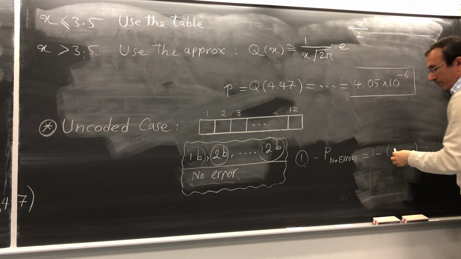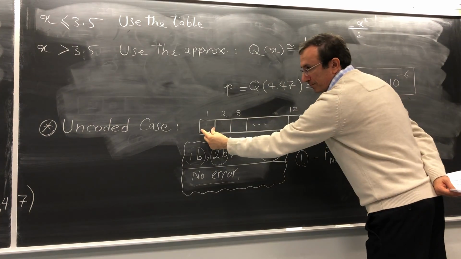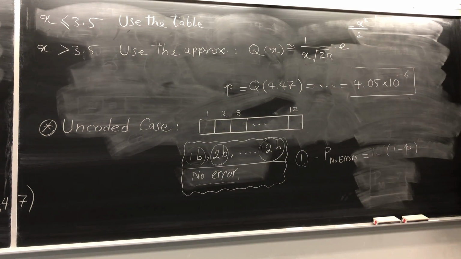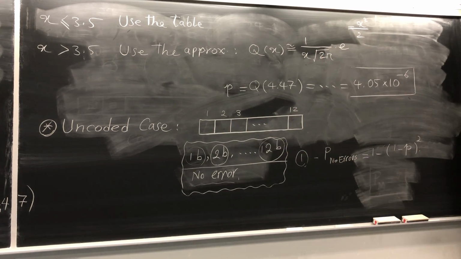So that way, the probability of no error in the first bit times the probability of no error in the second bit times the probability of no errors in the third bit times all the way to the 12th bit. Does it make sense?